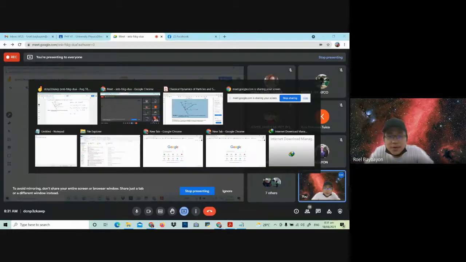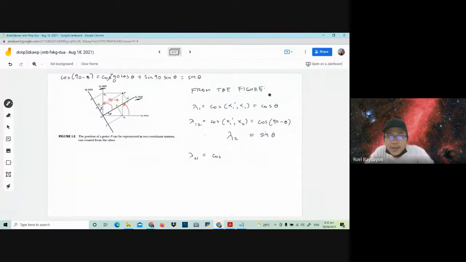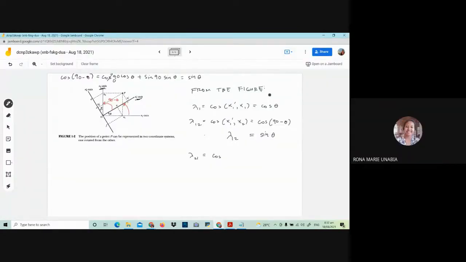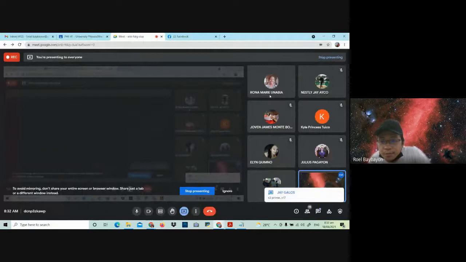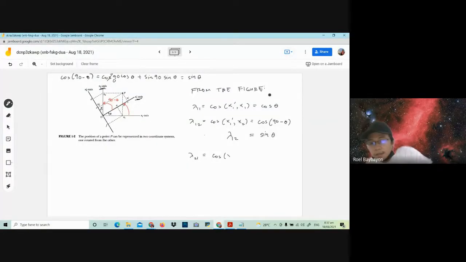What is lambda 21? How will you write lambda 21? x2 prime and x1. Okay, so x2 prime and x1.